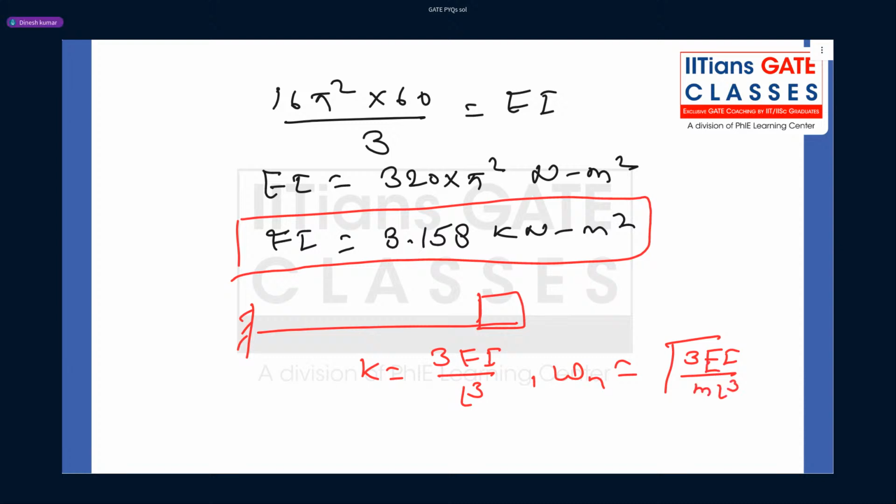One more thing I want to tell you guys. In this case, what will be delta static for the cantilever beam? It will be mg by k, which is weight by k value.